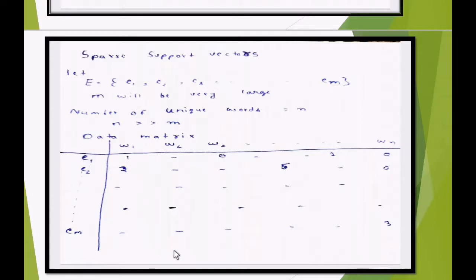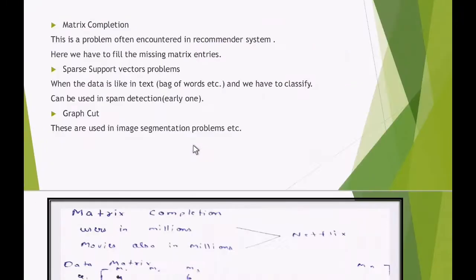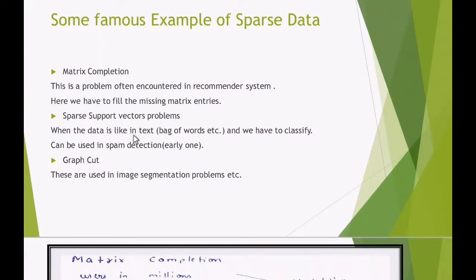So this vectorization scheme is also called bag of words. And if we use a classifier to classify these emails as spam or not spam, then this algorithm helps us to find the spam detectors. And if we use support vectors, then it is called a sparse support vector problem.